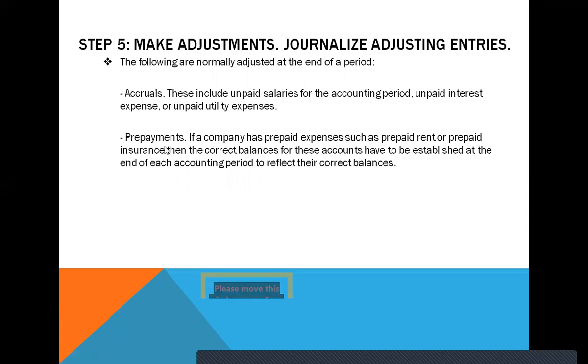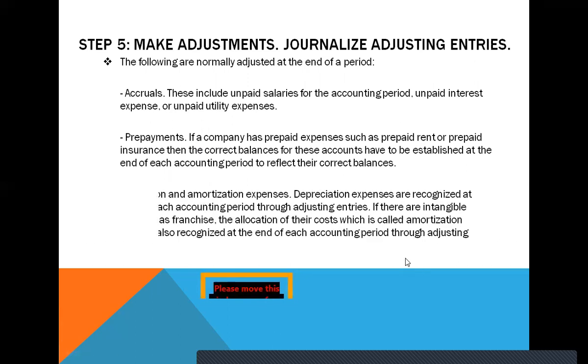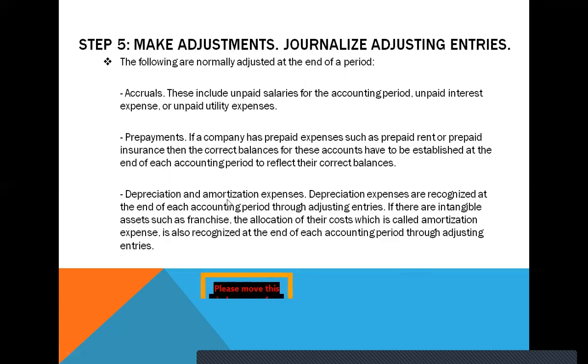The prepayments. If a company has prepaid expenses such as prepaid rent or prepaid insurance, then the correct balances for these accounts have to be established at the end of each accounting period. Depreciation and amortization expenses.